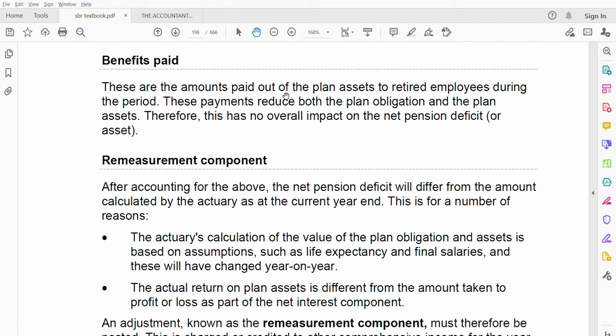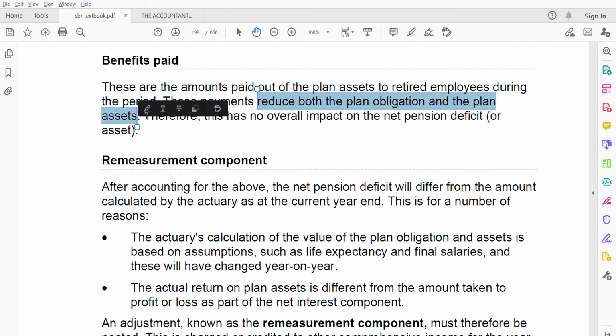So these are the amounts paid out of the plan assets to the retired employees during the period. Okay, you are paying that benefit out of the plan assets, whatever the amount you are paying out to the retired employees. So this payment reduces both the plan obligation and the plan assets. What happens?